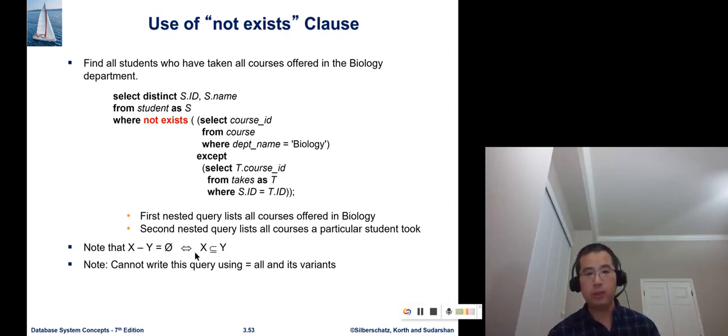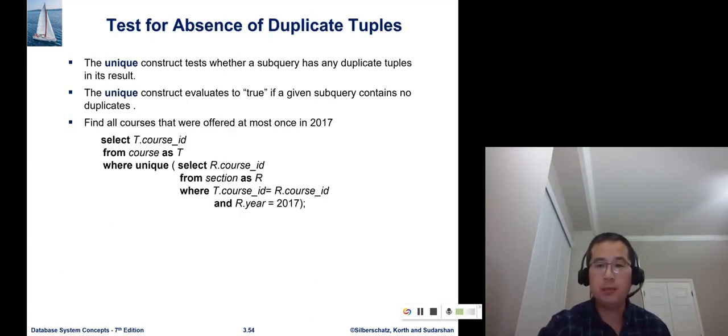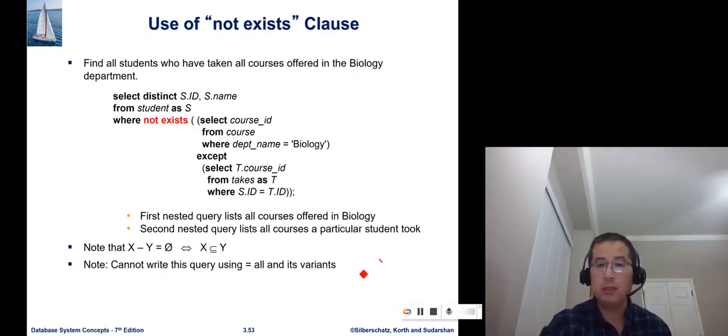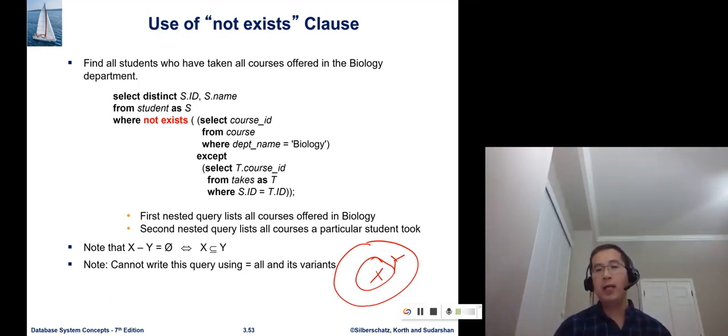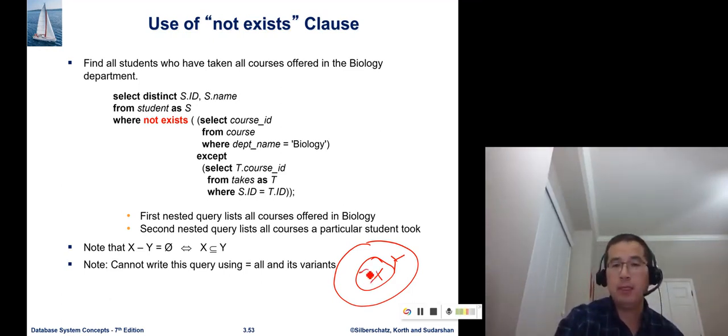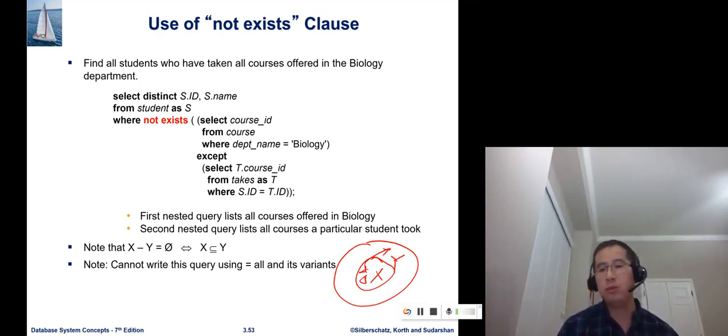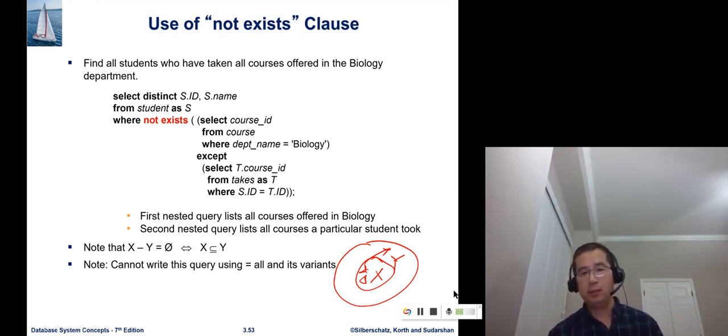So this is also like this. X is a small set, Y is a big set. So this is X, this is Y. So for any element here, it belongs to Y, correct? Because X is a subset. So if you use X minus Y, you will get empty, correct?